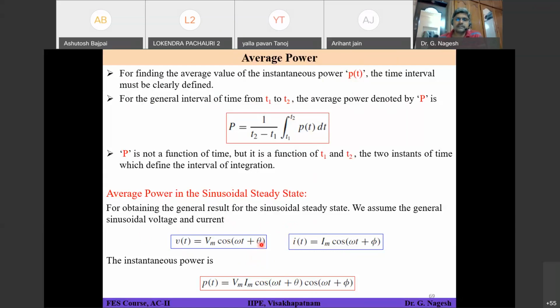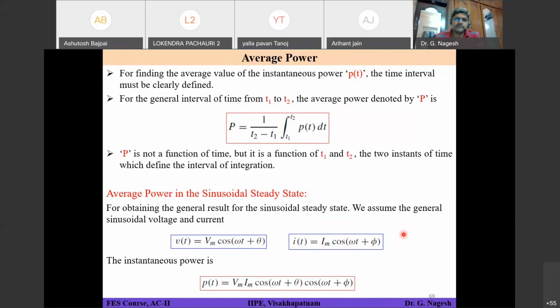If it is not there, then theta will be equal to 0. This is the general expression for voltage, and the corresponding expected current response in any circuit is given as Im cos of (omega t plus phi). These are the two general expressions I have considered.